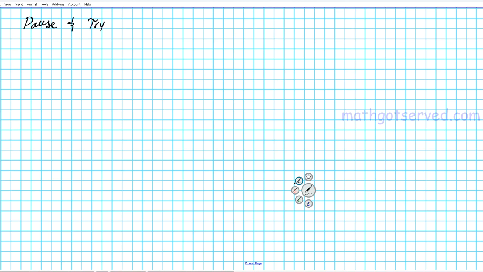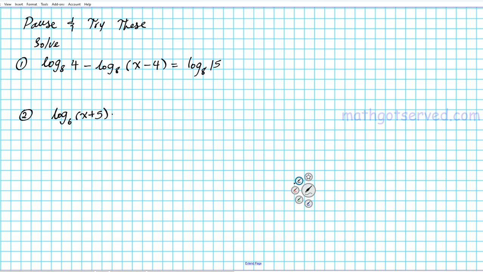Let's take a look at some practice problems that we promised to give to you. The instructions are still to solve. Number 1, let's say you have log base 8 of 4 minus log base 8 of x minus 4 equals log base 8 of 15. Number 2, what if you have log base 6 of x plus 5 minus log base 6 of x equal to 3.